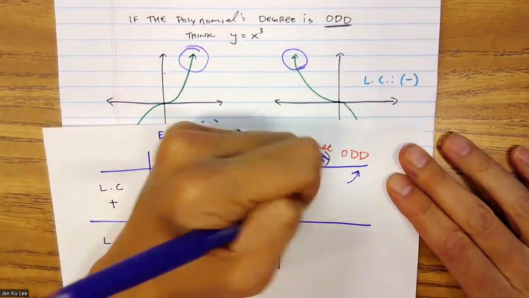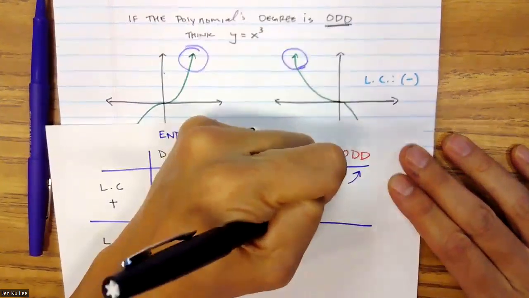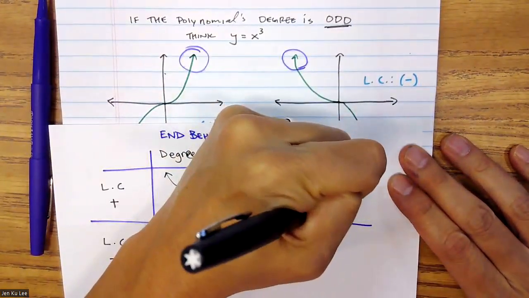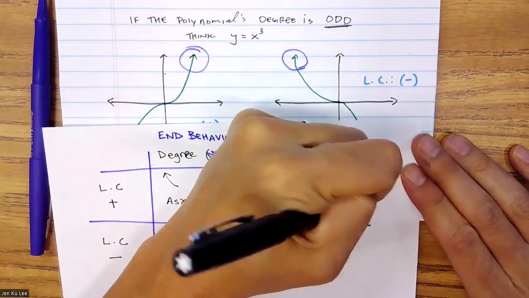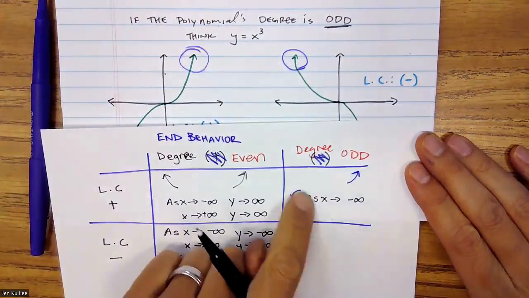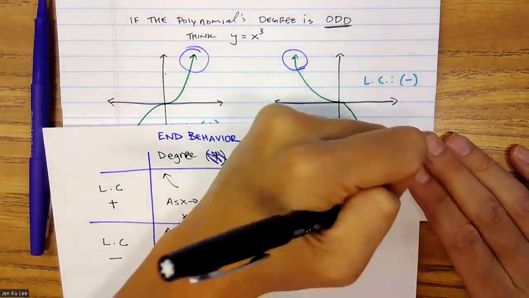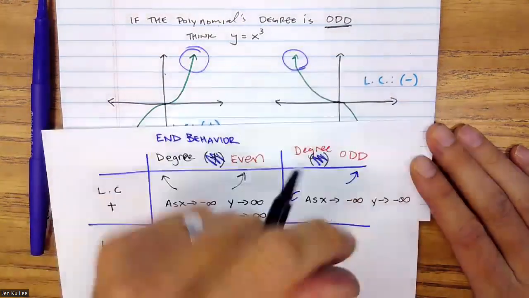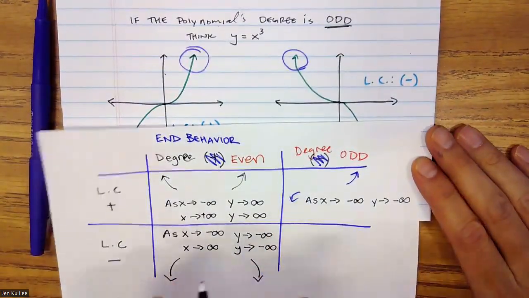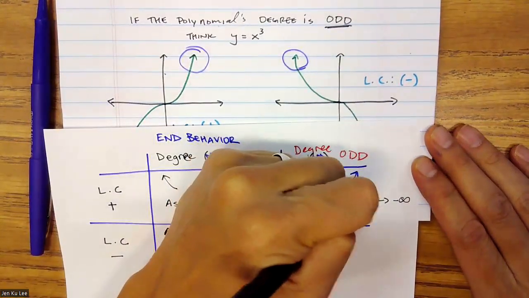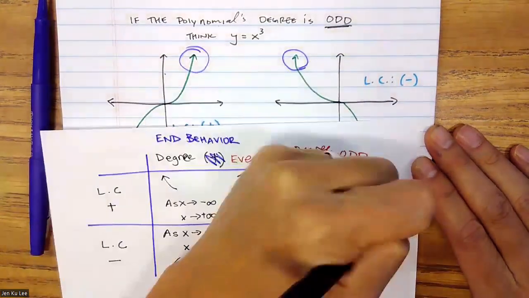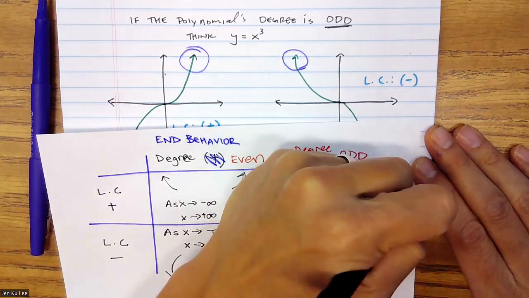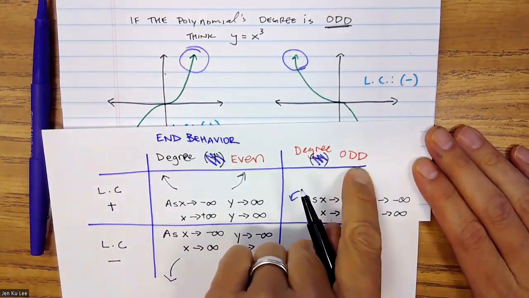Right? So that means that as x approaches negative infinity, or the left-hand side of the graph, your y is going to approach negative infinity as well, because it goes down and down and down. As x approaches positive infinity, y is also going to approach positive infinity, because it goes up and up and up.